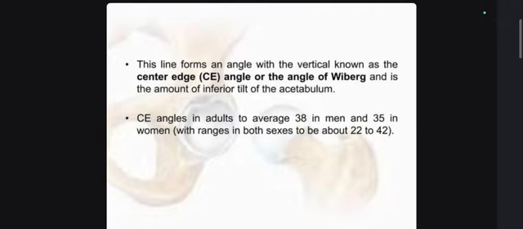This line forms an angle with the vertical known as the center edge angle of Weber and is the amount of inferior tilt of the acetabulum. The center edge angles in adults average 38 in men and 35 in women.